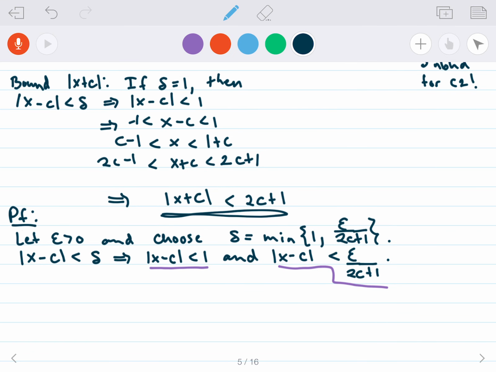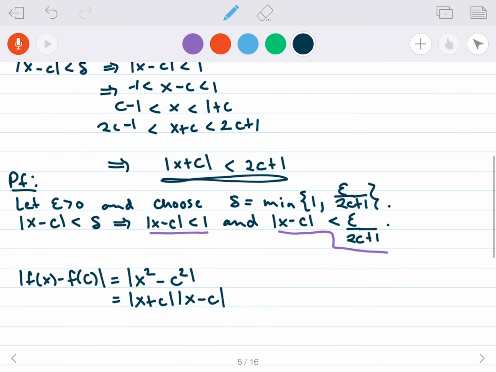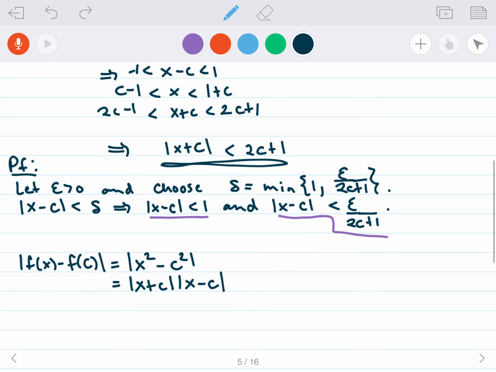And now, if we take f of x minus f of c, well, we just get x squared minus c squared, difference of squares. And since this is less than 1, and this is less than epsilon over 2c plus 1, remember that this being less than 1 implied that x plus c was less than 2c plus 1.